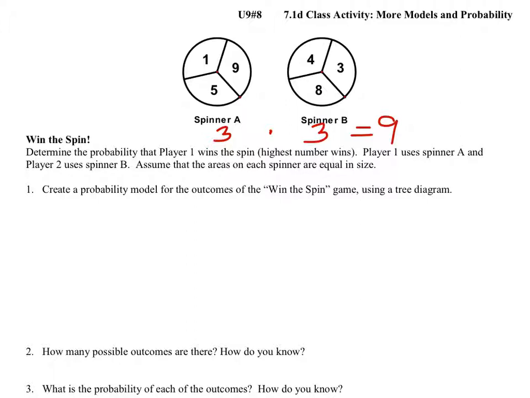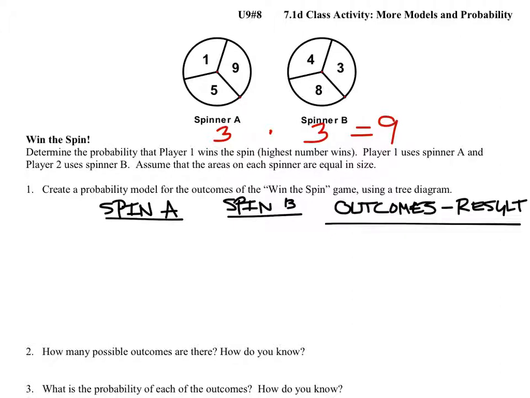All right, so let us make our tree diagram. So let's identify what's happening right here. We got person 1 spinning A, and then the second thing that happens is player 2 will spin B, and this should produce the results that we need with the outcomes.